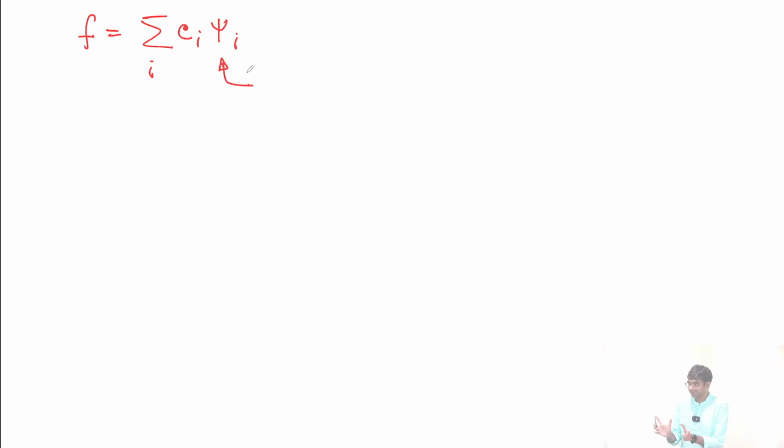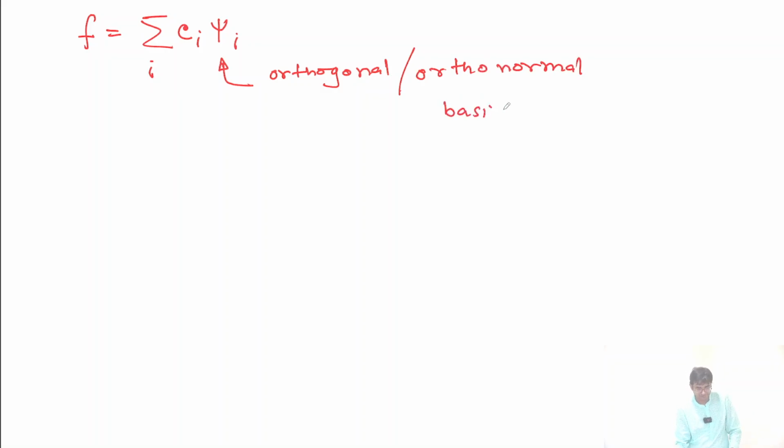Because E1, E2, E3, these are orthogonal vectors. This has to be an orthogonal basis function. So if you know these basis functions, you can represent it in terms of an orthogonal or orthonormal basis, that is what we will use. So, I will stop here. I will start with the orthonormal basis next time, but this itself is the foundation of PCE. This is the foundation of PCE that we will talk about next time.